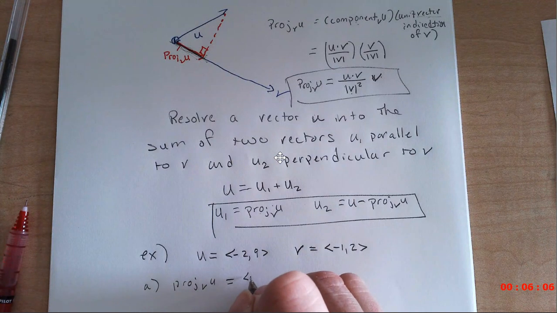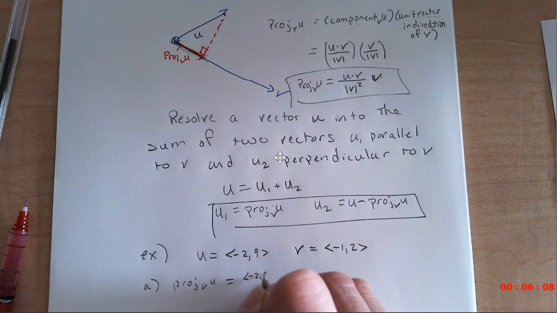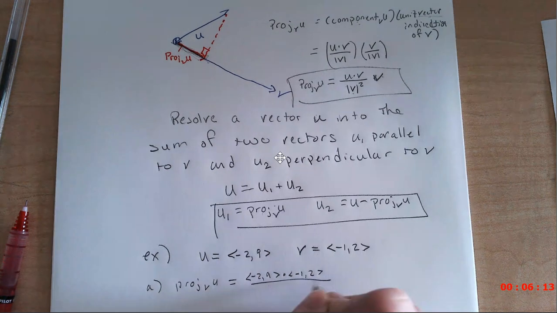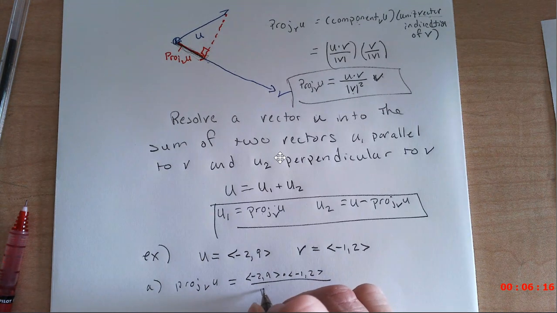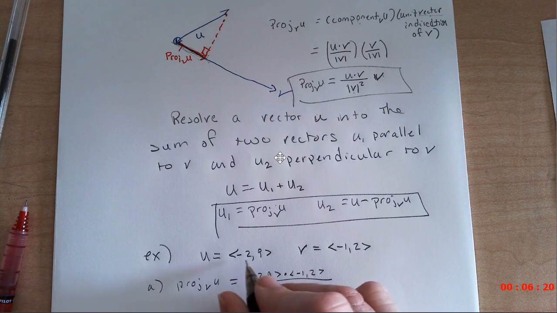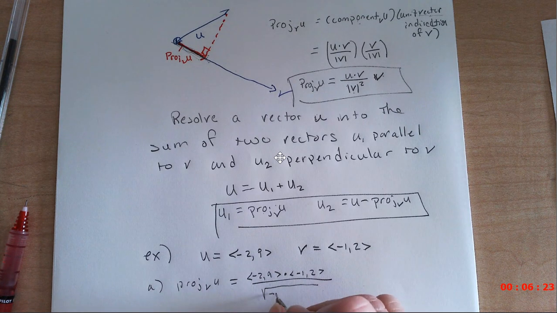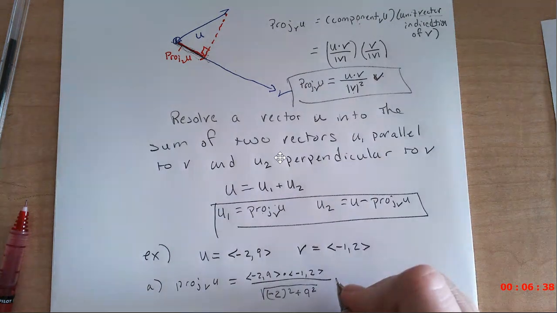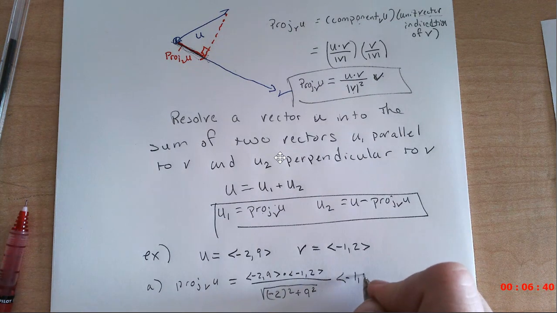So u dot v, so that'd be negative 2, 9 dot negative 1, 2 all over the magnitude of v. So I'm going to write that formula out. So that would be the horizontal component squared plus the vertical component squared multiplied by the vector v. So v is negative 1, 2.